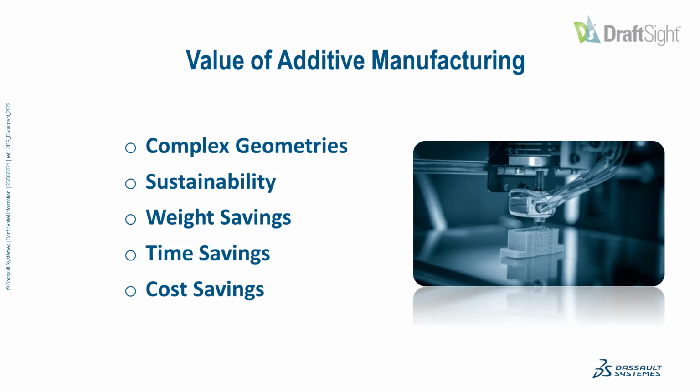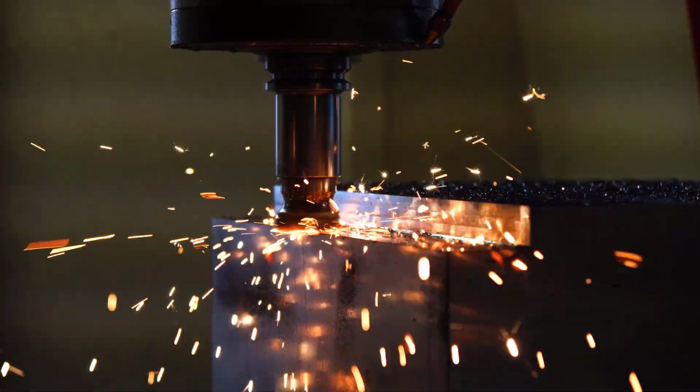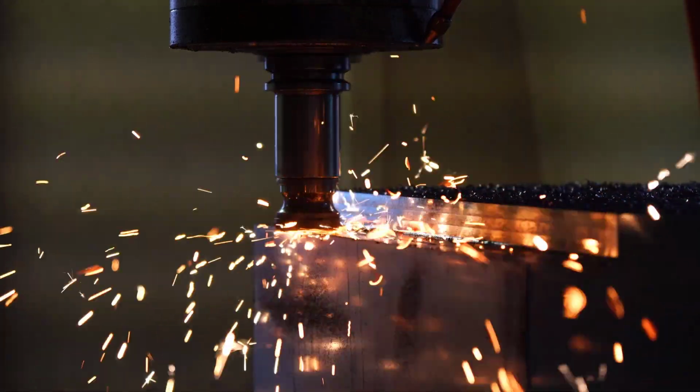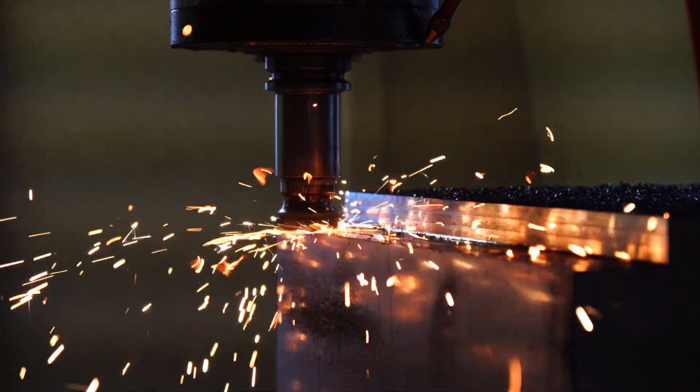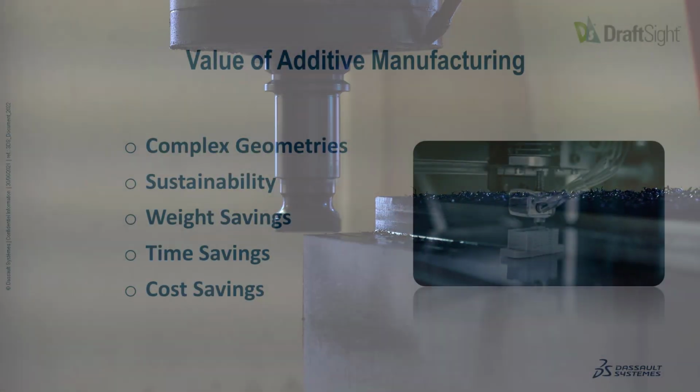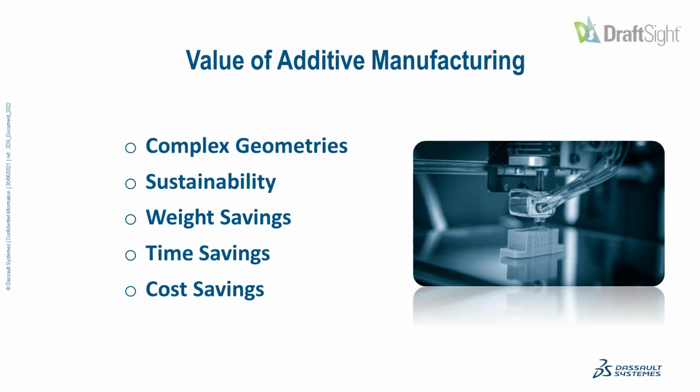Now, this day and age, sustainability has become an important focal point for companies, and they're always looking for options. Well, additive manufacturing can meet those needs. Unlike in subtractive manufacturing, which can be seen in the following video clip, additive manufacturing builds a part layer by layer, wasting almost no material to complete the part, which reduces material waste.